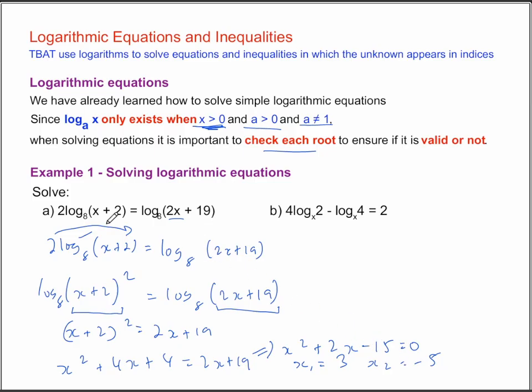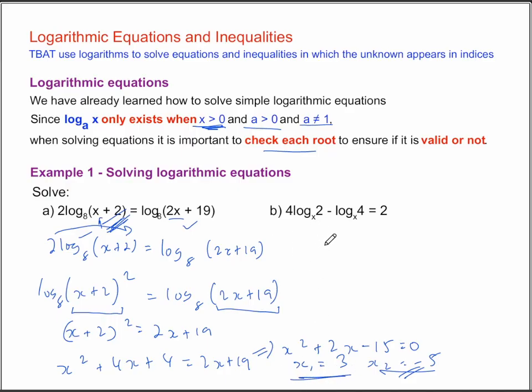When we use negative 5, negative 5 plus 2 is negative 3, and we can't take log of a negative number, which nullifies that option. Yes, we can put negative 5 here and we get a valid positive value, but one of the sides is not valid, and so negative 5 will not be an answer. The only answer will be 3.